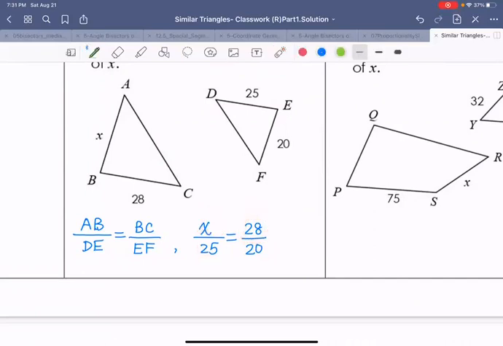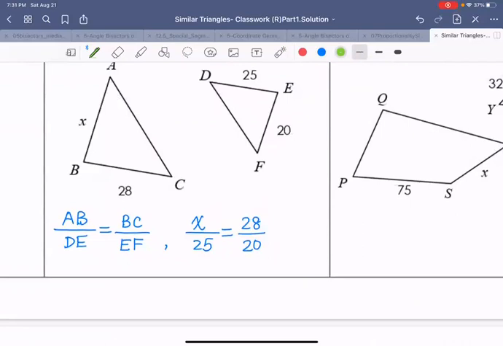So 25 and 20. 25 divided by 5 is how much? 5. This guy divided by 5? 4. So which is saying x over 5 equals 7, correct? Yeah. So x equals 35.